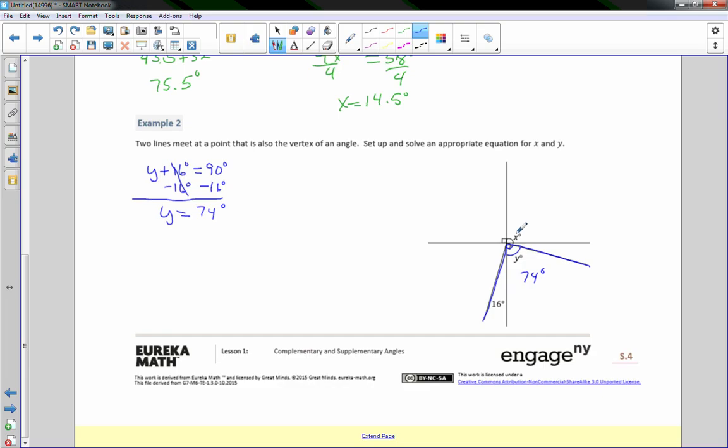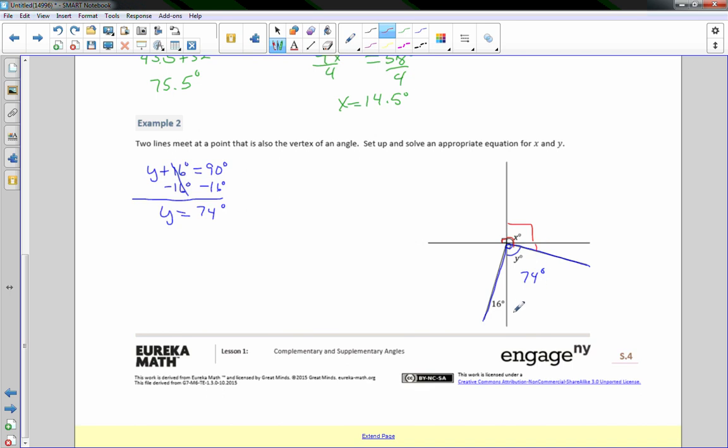Okay, so now in order to find x, let me do a different color. This is 90 degrees, and x is going from here all the way to there. So if this is a straight line, and this is a straight line, then this is 90 degrees here, and then we have to add this to it.